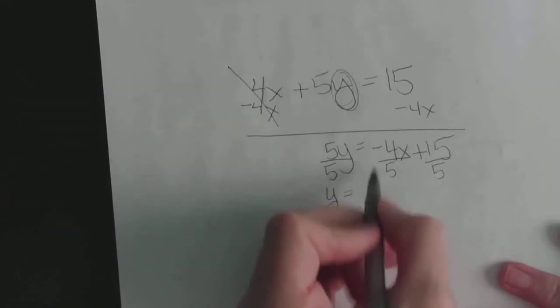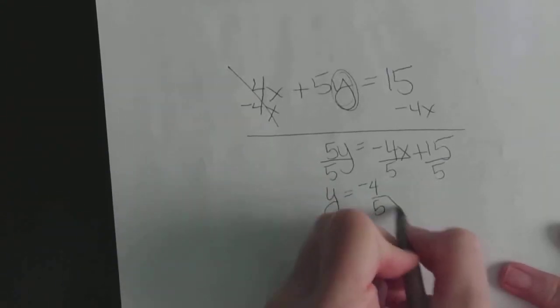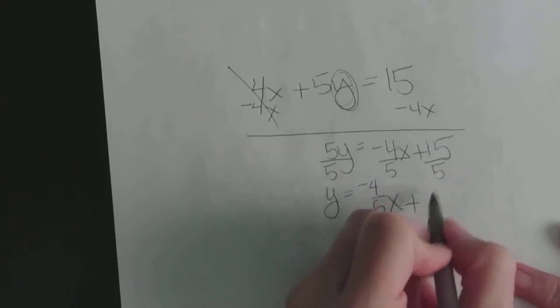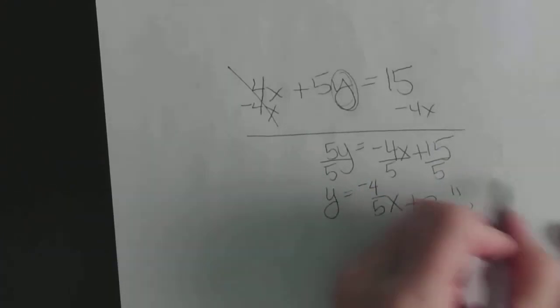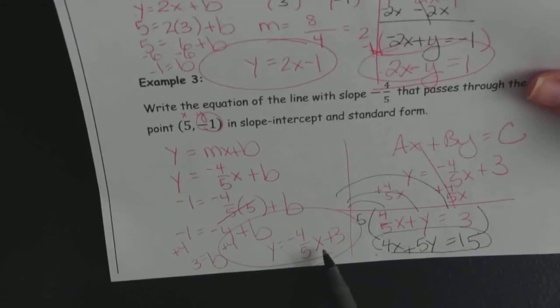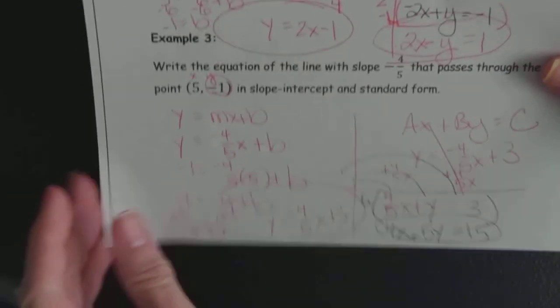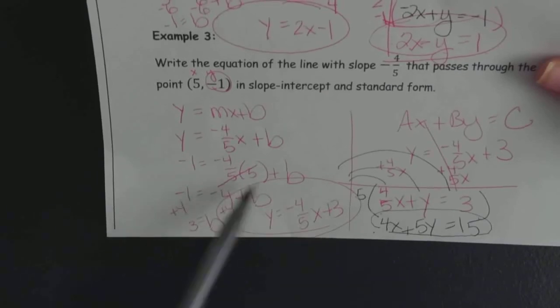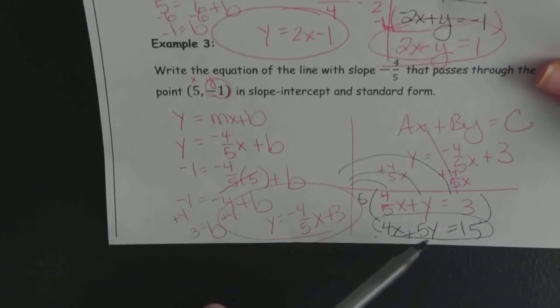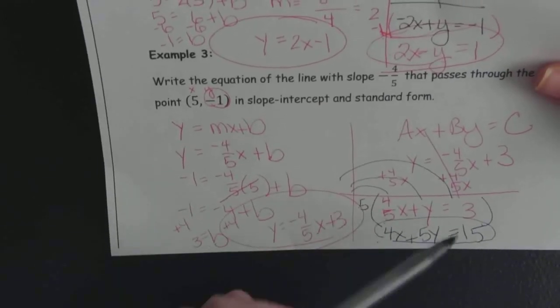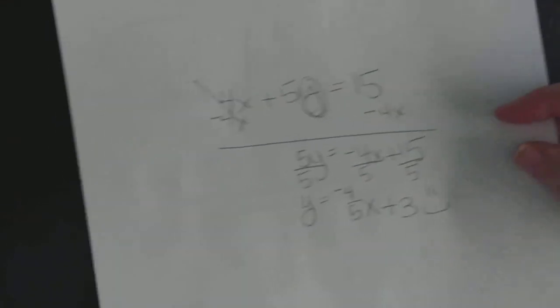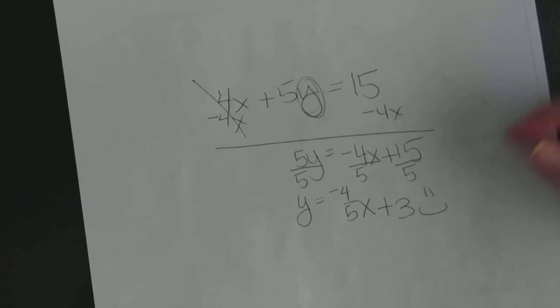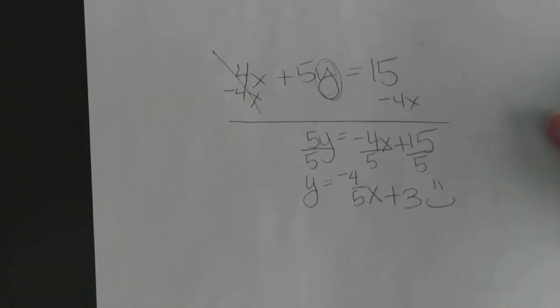So that would knock those out, leaving me with 5y equals negative 4x plus 15. And then to get y alone, I would just divide everybody by 5. And so then y would be negative 4/5 x plus 3. And that is slope-intercept form.